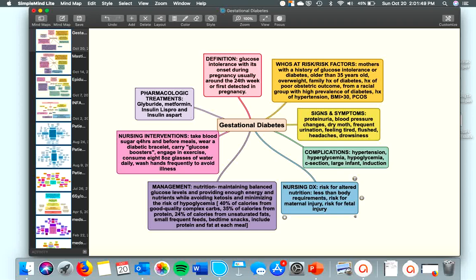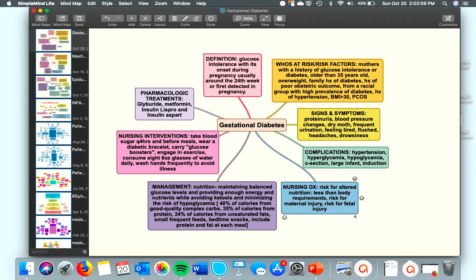So some nursing diagnoses are risk for altered nutrition, less than body requirements, risk for maternal injury, risk for fetal injury. So for management, the one I decided to focus on was nutrition management.